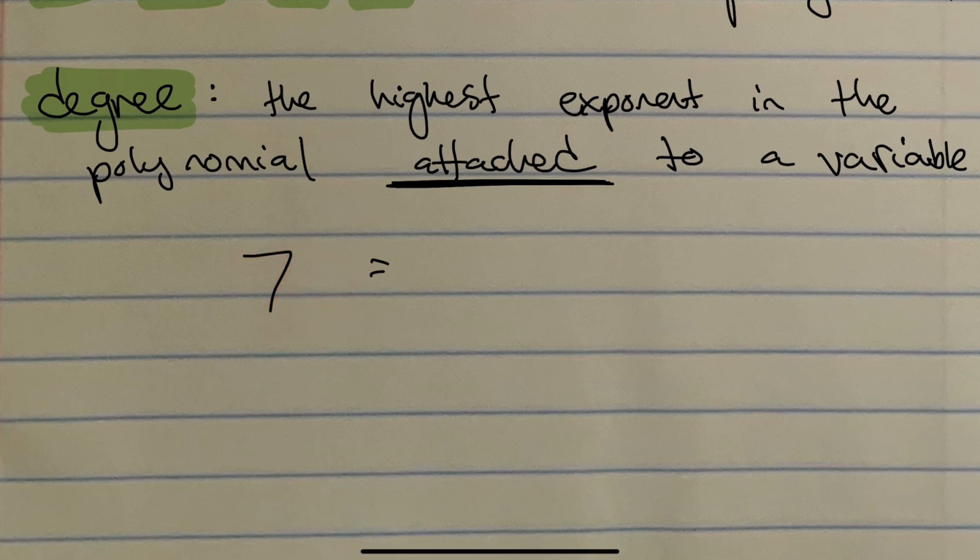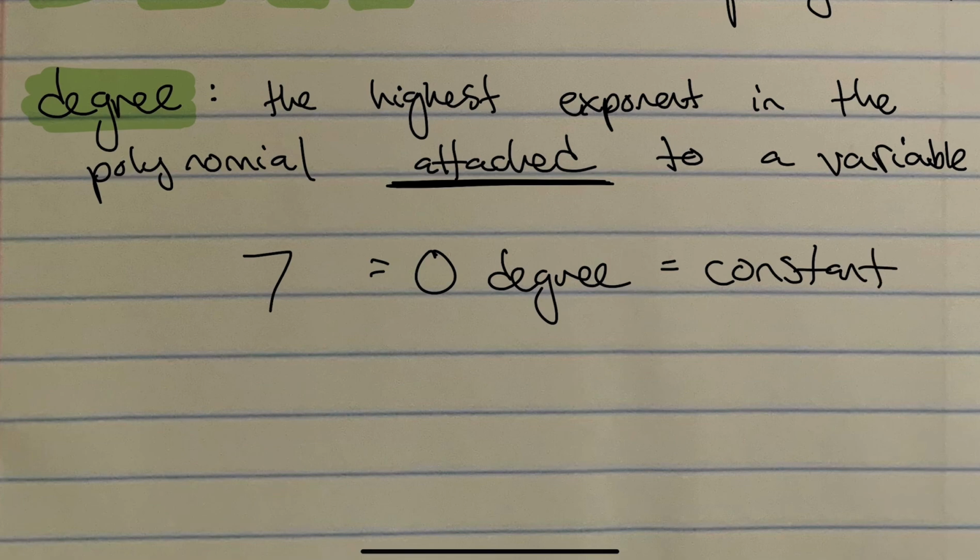So remember, if you have just a number, that was called a constant. This is going to be a polynomial with a 0 degree, and we're just going to call that a constant because it's just a number. There's no variable, there's no x, there's no y, it's just a number by itself. So that's going to have a 0 degree, and it will be called a constant.